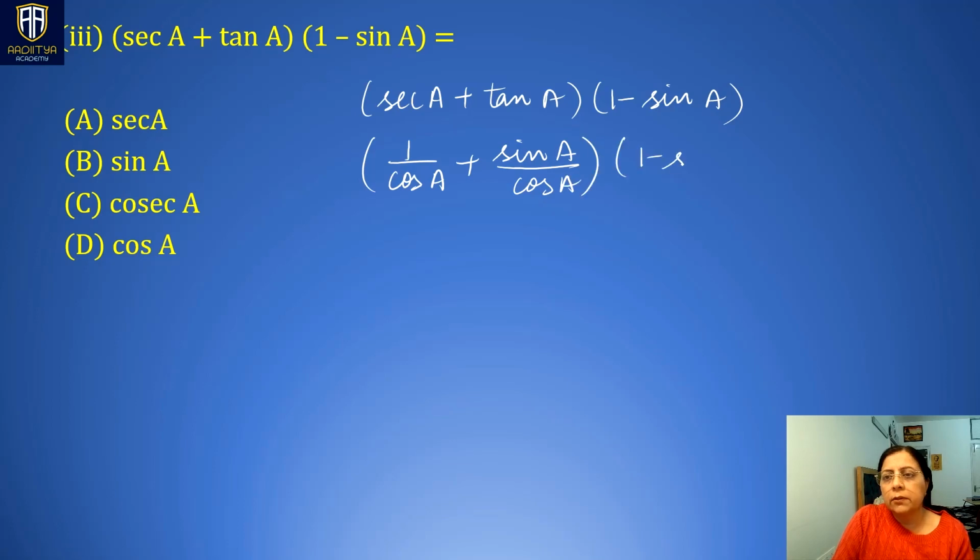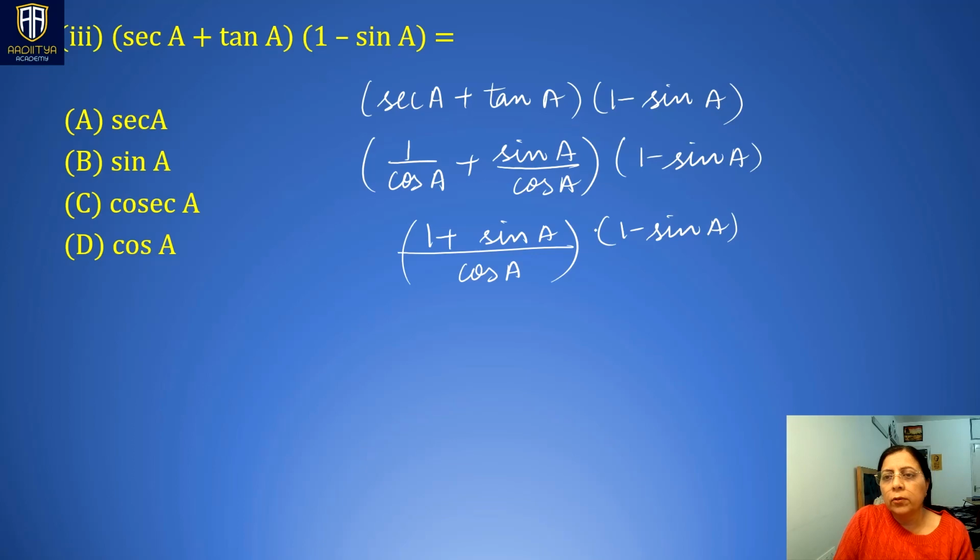And in this bracket, this is 1 minus sine A. So now we have, taking cos A as the denominator, we can write this numerator as 1 plus sine A. Right? And in bracket we have 1 minus sine.